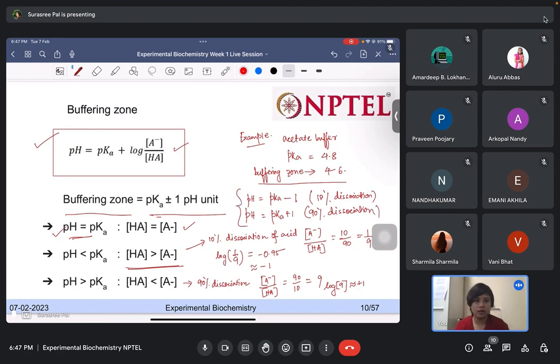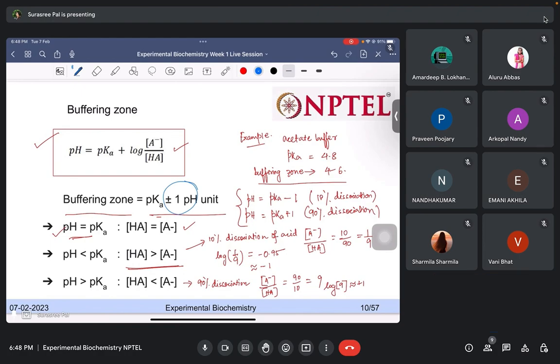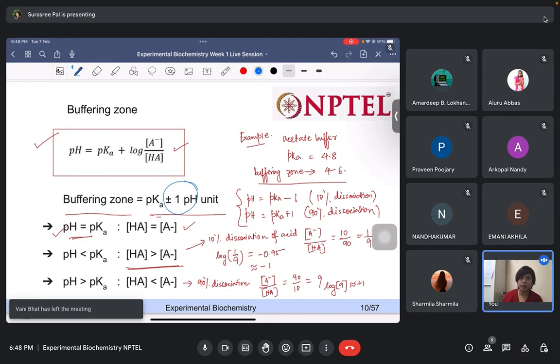So you can see why we come to this value: the buffering zone is when pH is plus minus 1 of pK. With 10% dissociation we get pH as pK minus 1, and with 90% dissociation, almost complete dissociation, the pH value will be pK plus 1. Therefore buffers will be most effective in this range, pK plus minus 1, so from minus 1 to plus 1.